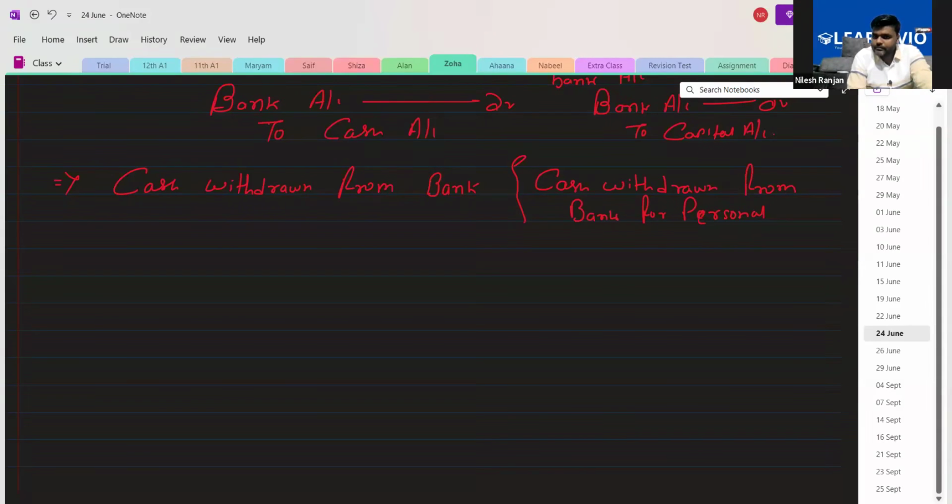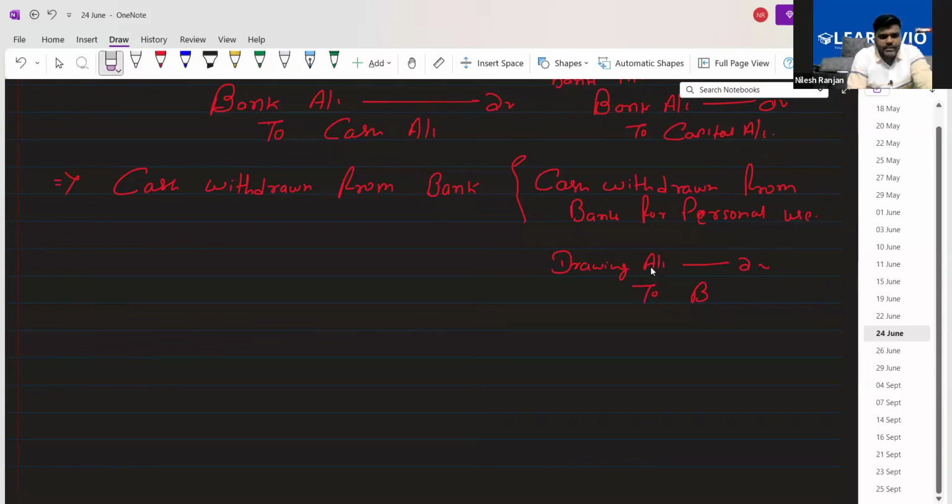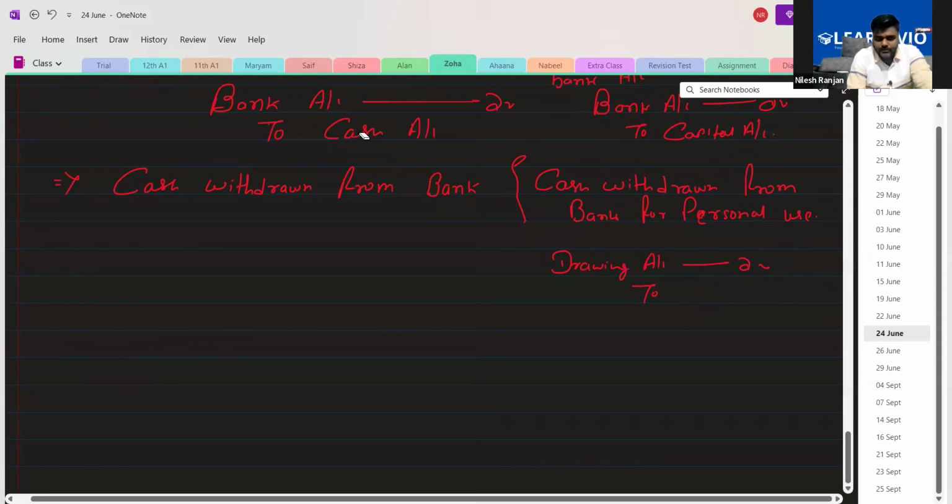It will be drawing account debit to cash, sorry, drawing account debit to bank. No, it is cash withdrawn, so it will be cash.